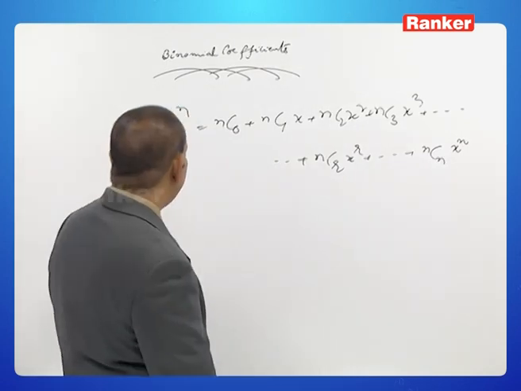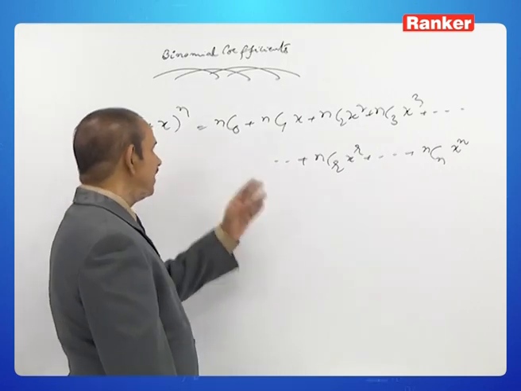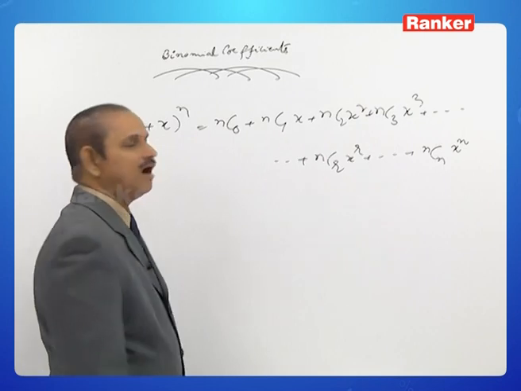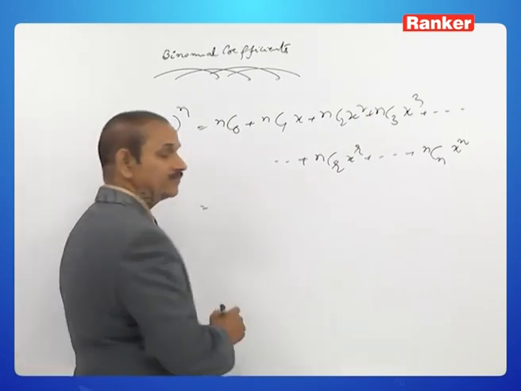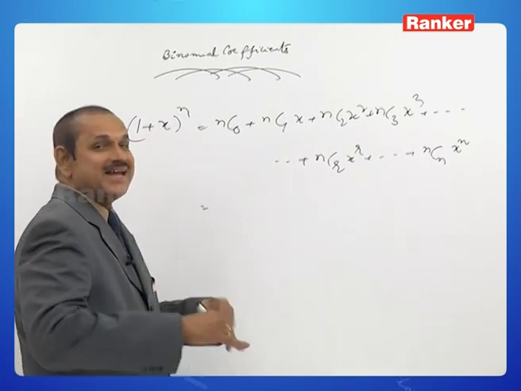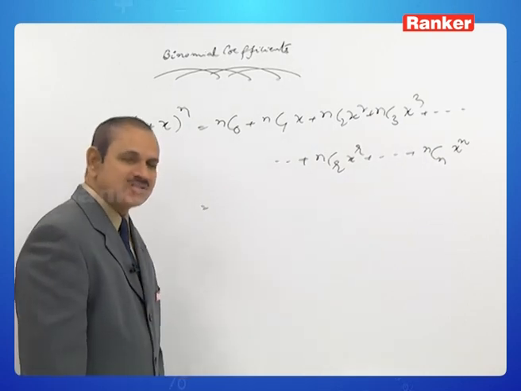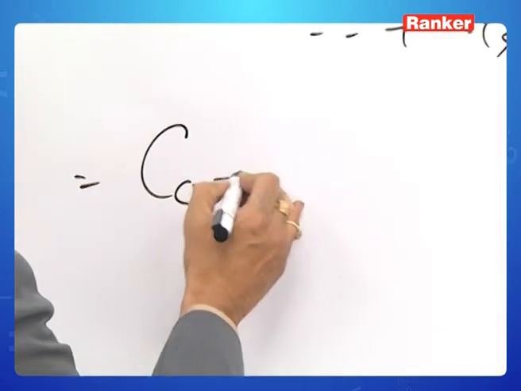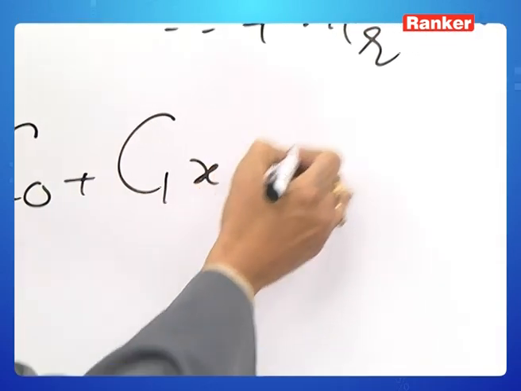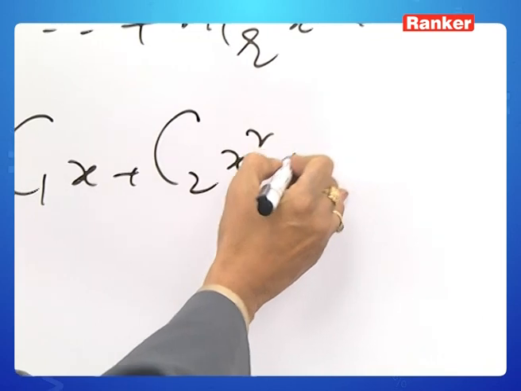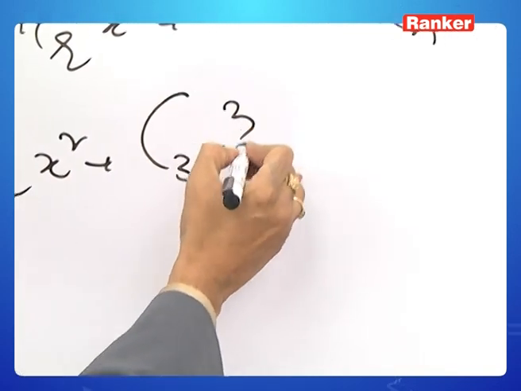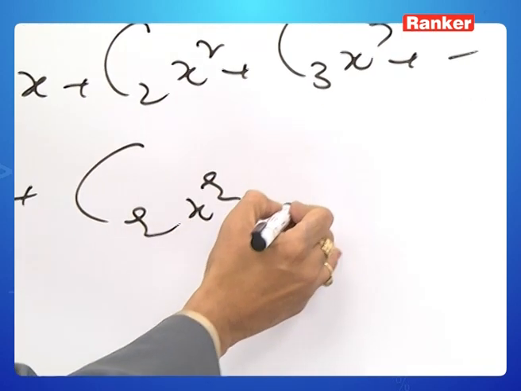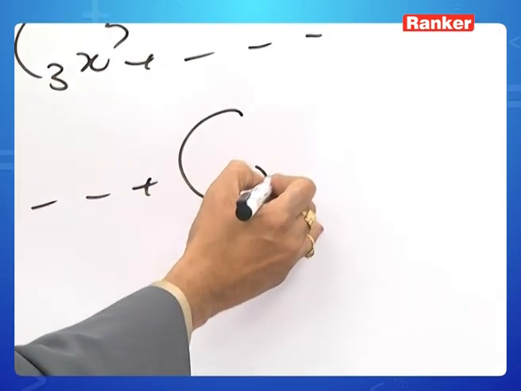Hereafter, these binomial coefficients nC0, nC1, nC2, etc., nCn are redesigned. The style will be revamped to denote like this: C0, C1 x, C2 x², C3 x³, and so on, Cr x^r, etc., Cn x^n.